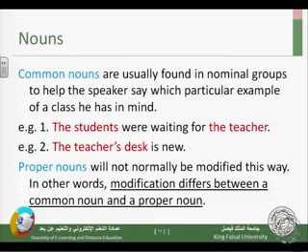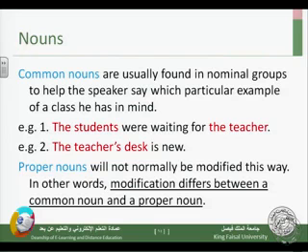Common nouns are usually found in nominal groups. So this helps the speaker say which particular example of a class he has in mind. So when we talk about common nouns as an example of a class, modifiers in nominal groups help us specify which particular example we are talking about.